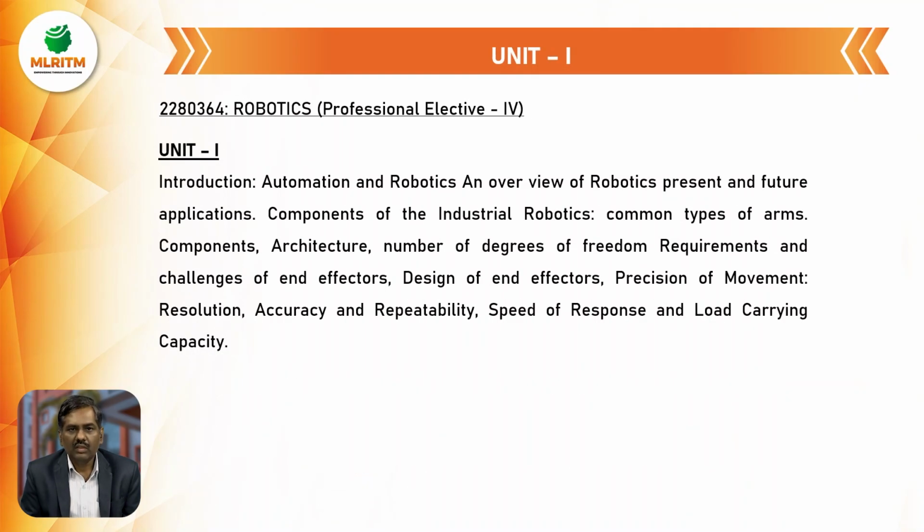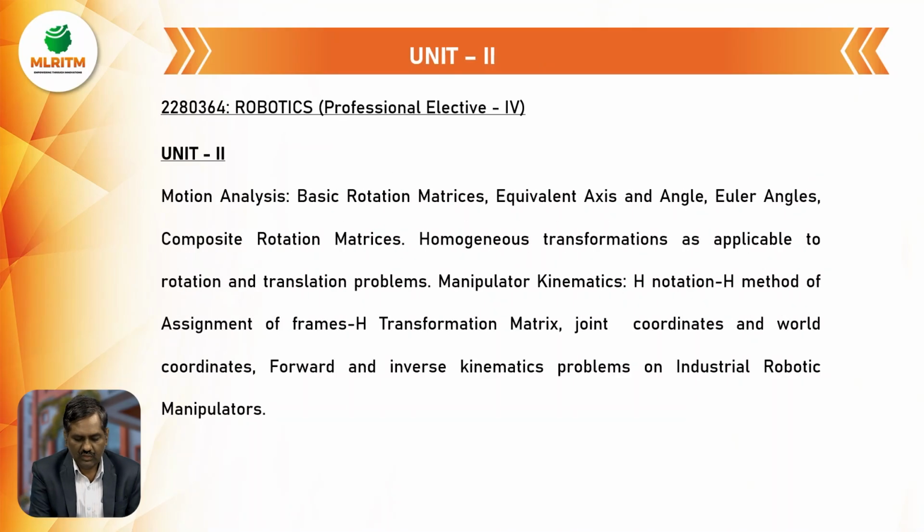Coming to the syllabus, in unit 1 we will discuss automation and robotics and the components of industrial robotics, its architecture and precision. In unit 2, we will discuss mainly motion analysis, which consists of methods like rotation matrices, equivalent axis angles, Euler angles, composite rotation matrices, and homogeneous transformations.